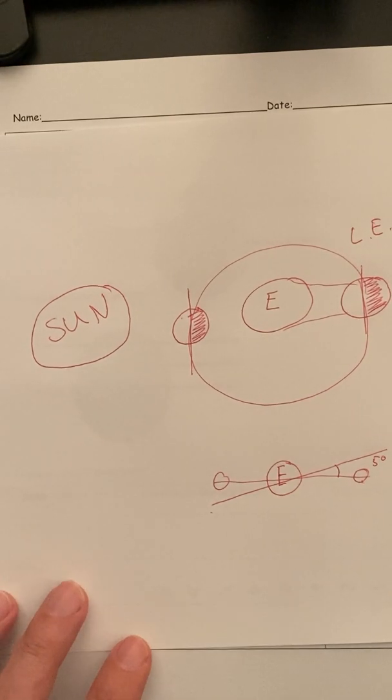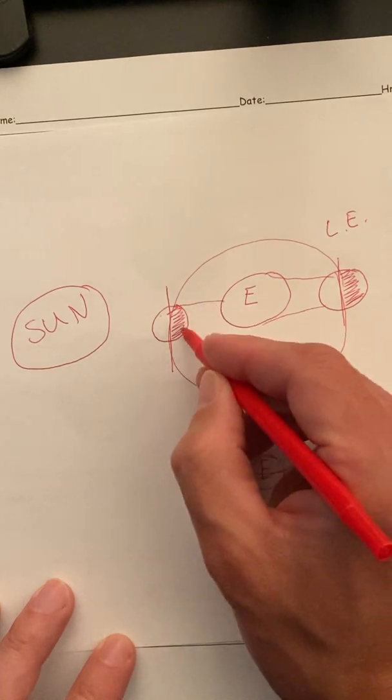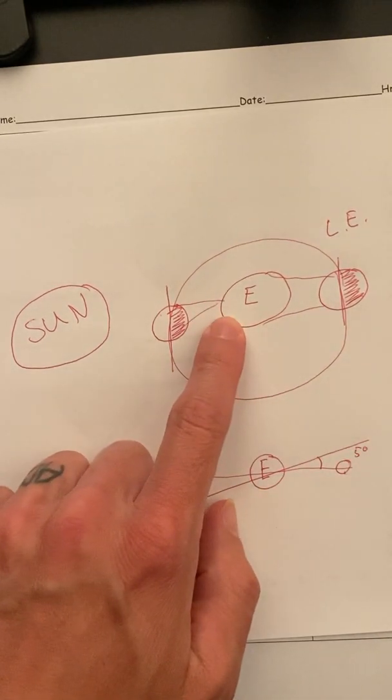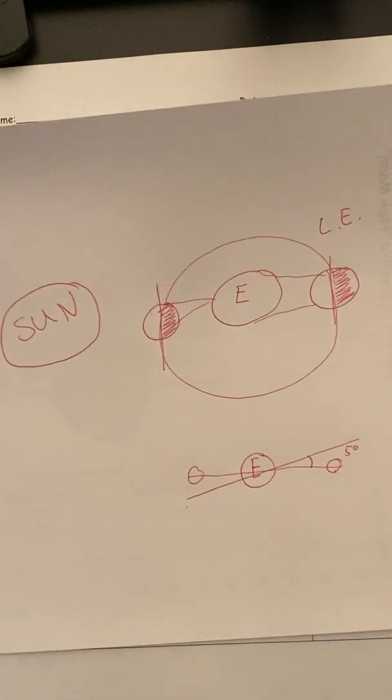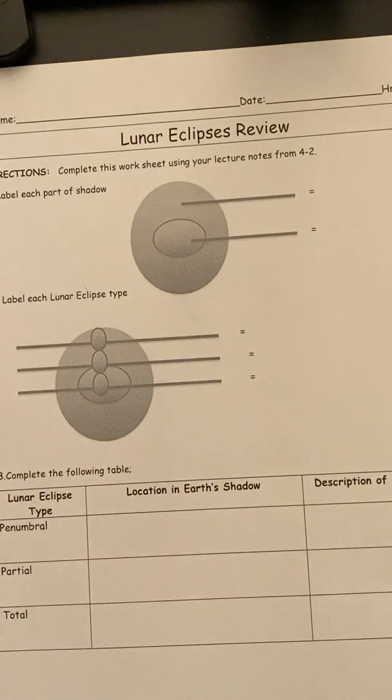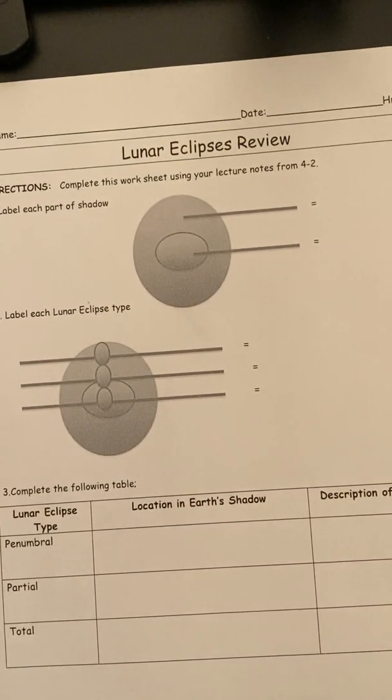Sometimes, like we're going to see next, the moon's shadow could fall on the Earth, and that would give us a solar eclipse. But we're going to save the solar eclipses for their own part. Hopefully that gets your gears thinking, and you're like, oh yeah, I recall that there are two parts of shadow.